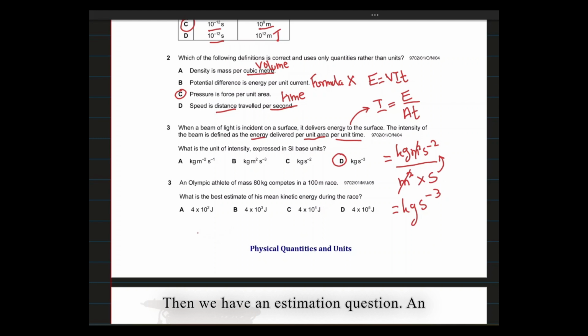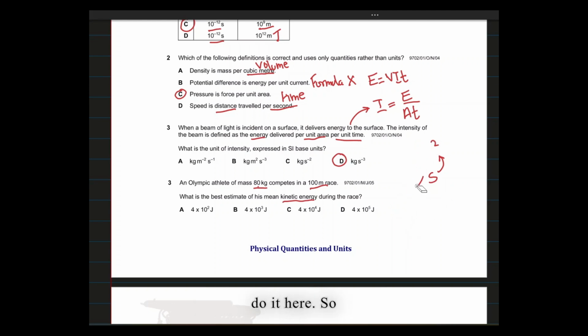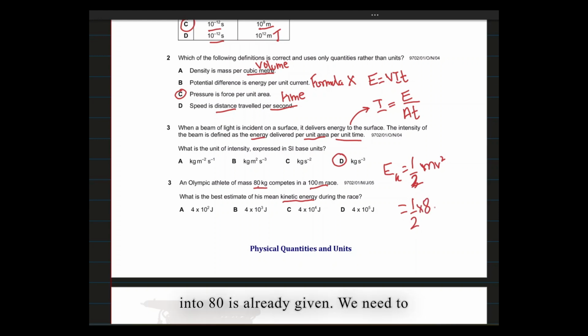Then we have an estimation question. An Olympic athlete of mass 80 kg completes a 100-meter race. What is the best estimate of mean kinetic energy during the race? Let me do it here. We know that EK is equal to half m v square. So half into 80 is already given.